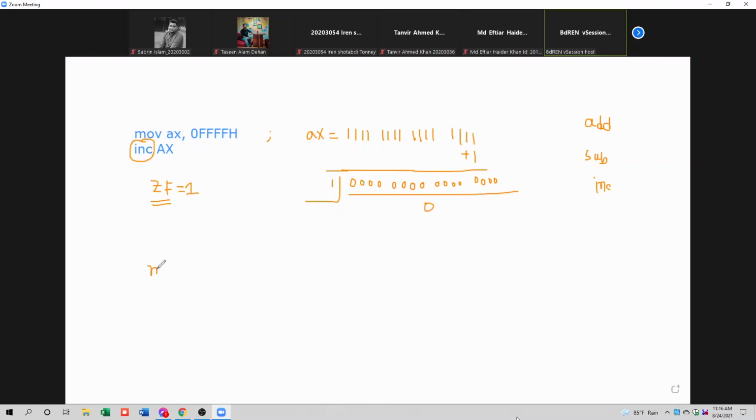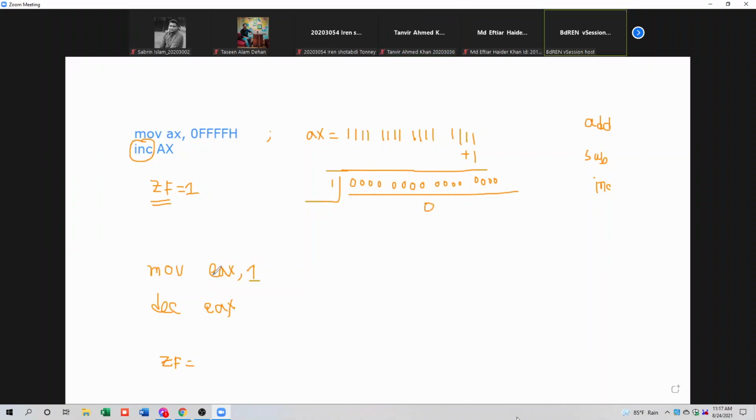So another example is move EAX, 1, which is a 32-bit register, then decrement EAX. So what will be the result of this operation, and what is the value of ZF? Move EAX, 1.